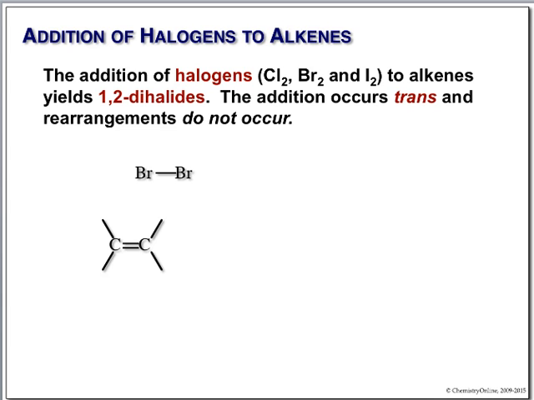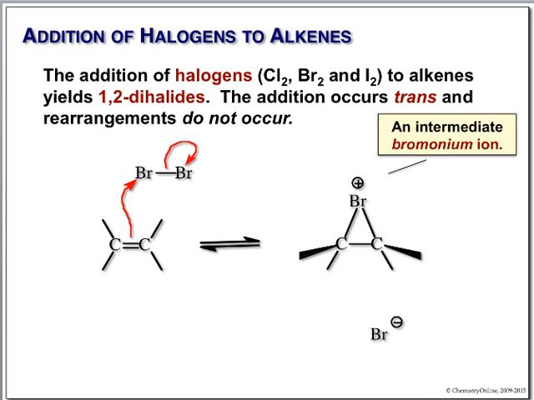We're going to split, in this case, the bromine-bromine bond, and one of these bromines, the equivalent of Br+, is going to wind up sitting here on top of our alkene. This is a distinct intermediate, not just a pi intermediate. This is real. This is called the bromonium ion. Again, it's nothing more than a bromine sitting on top of the alkene pi system. It has a positive charge.